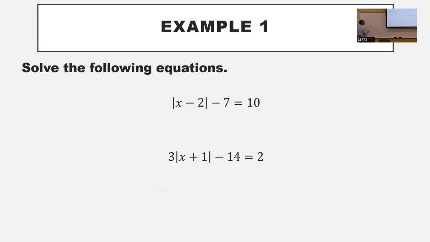So let's do a couple of examples here. We have absolute value of x minus 2, minus 7, is equal to 10. And then 3 times the absolute value of x plus 1, minus 14, is equal to 2.